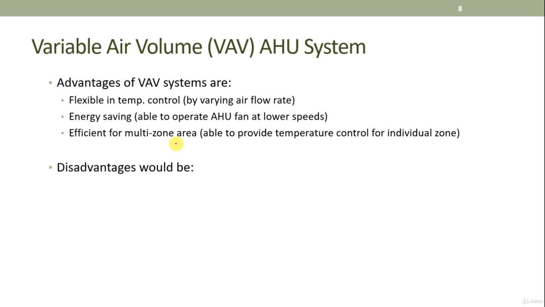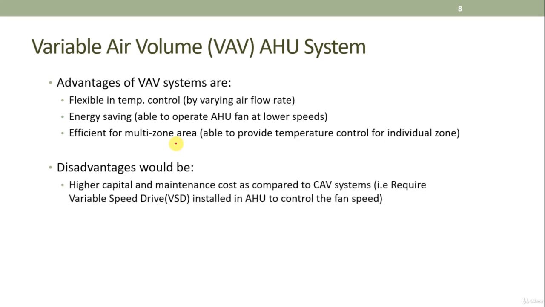Maybe for a big office space, you have 4 to 5 different departments sitting inside, served by a single AHU. All these different departments will have their own VAV box that will control the temperature of that particular zone, so there will be individual temperature control for each zone.